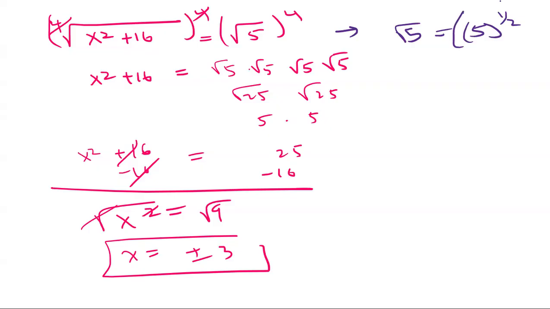So if I raise that to the 4th power, that's just going to be half of 4, which gives me 2. So this is going to be 5 squared, which is just 25. That's the easiest way to do it: changing that root to 1/2, 1/3, or whatever that root is, and raising that power. Any questions there?